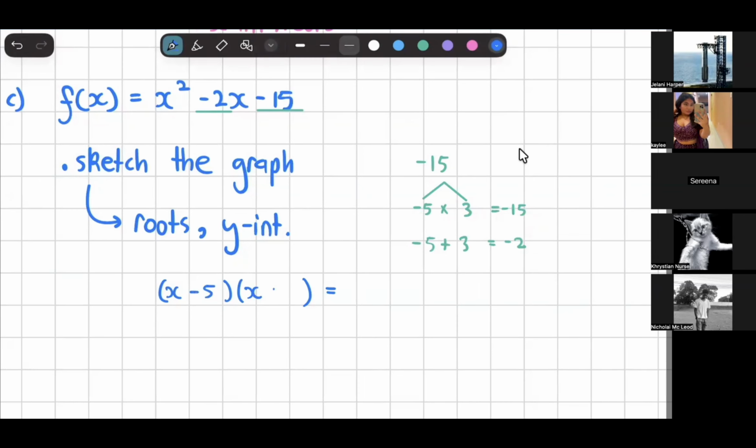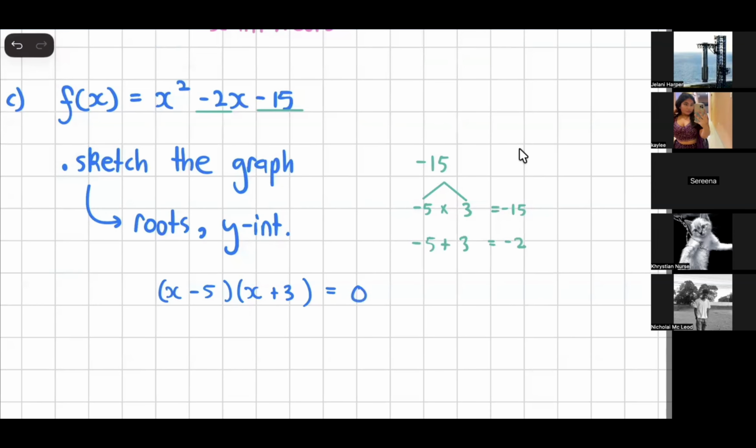Minus 5 and 3. Now, Kaylee, remember this was equal to 0. And so from here, we are trying to figure out the values of x that's going to make each bracket 0. So, what value for x would make that bracket 0? Just by looking at it. If you put x as 0, 0 minus 5 is minus 5. That's not 0.